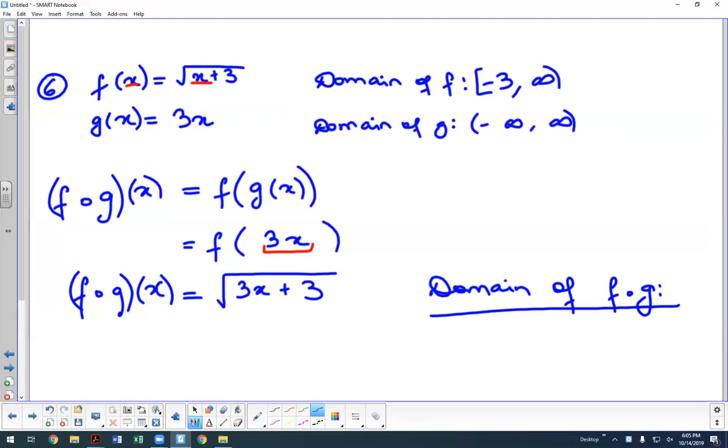So what's the general process? And I've mentioned this a couple of times in class before. How do you find out the domain when you're looking inside a radical?